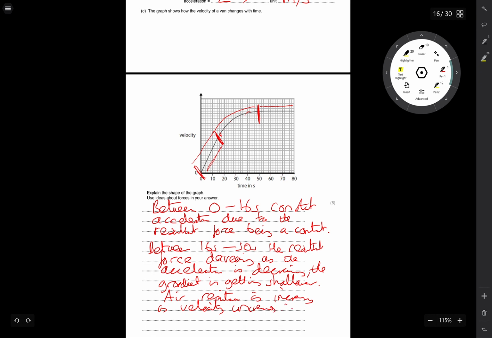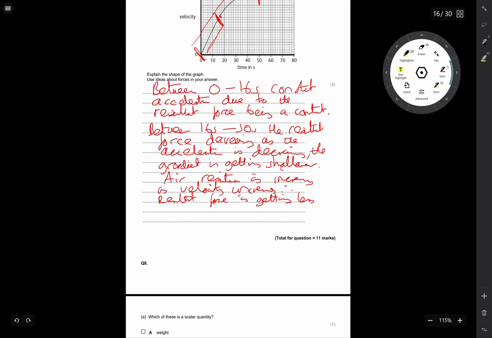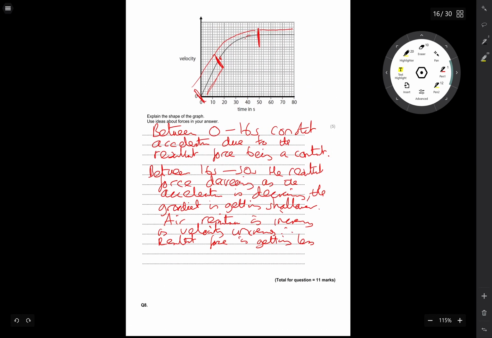Therefore, resultant force is getting less. And the reason it's getting less is also because the driving force is a constant.